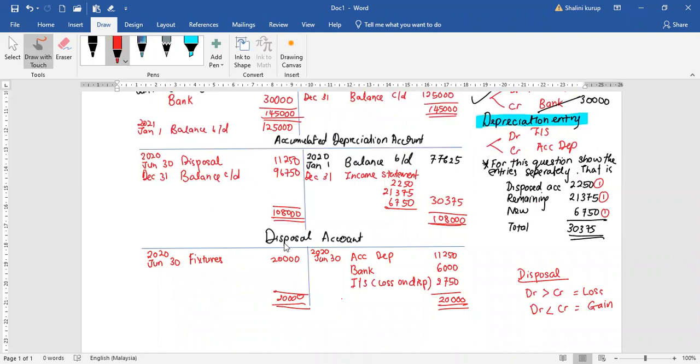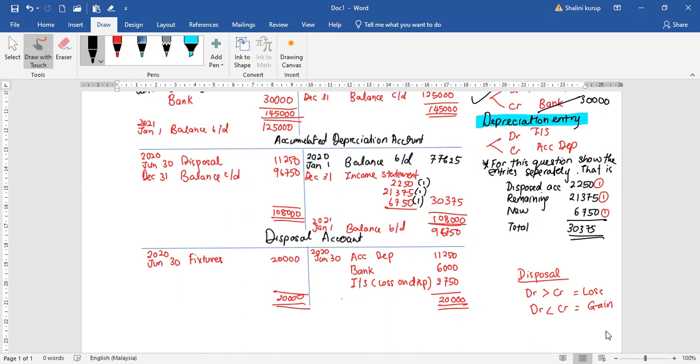And here you'll have 2021 January 1st balance b/d 96750. So this is how you actually do it. Remember, the reason why I've shown it separately is because marks are allocated for each one of them.